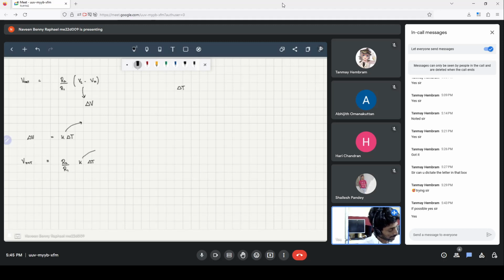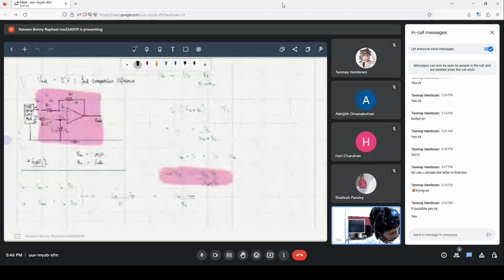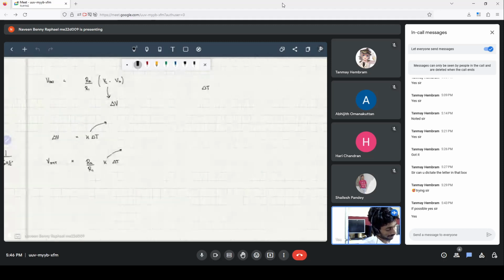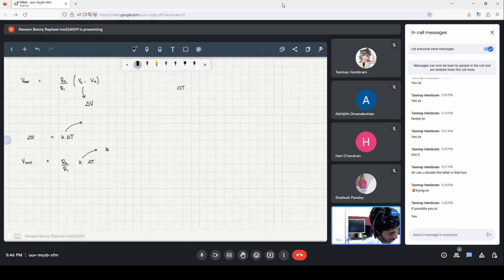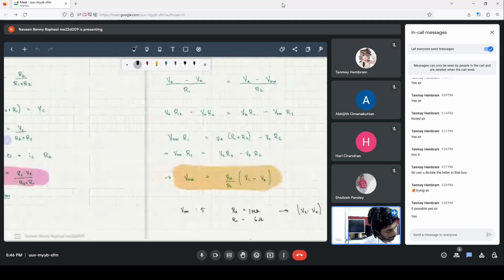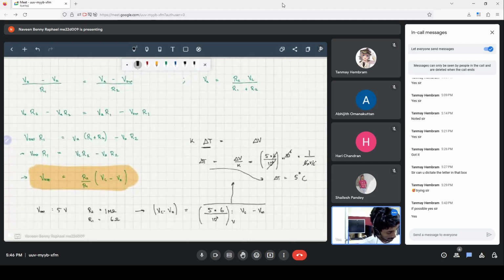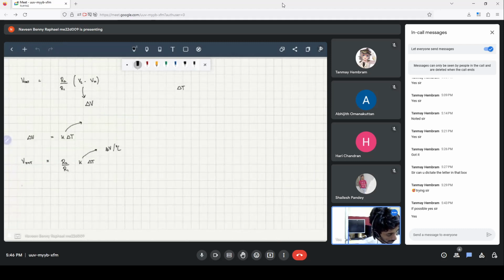But the units of K are microvolt per degree Celsius. So instead of writing V out in volts, we'll write V out in microvolts. We are told that V out is 5 volt. Since V out is 5 volt, that means V out is 5 into 10 power 6 microvolt.